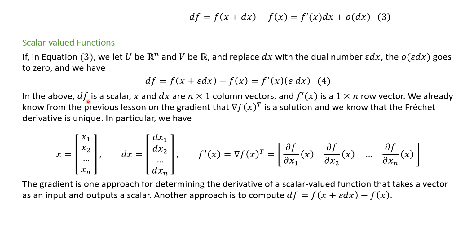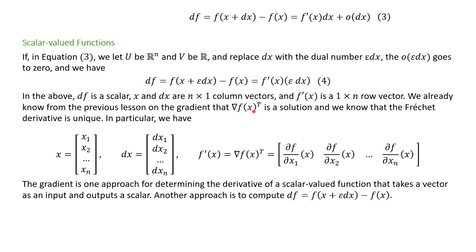In the above, df is a scalar, x and dx are n by 1 column vectors. The derivative f of x is a 1 by n row vector. And we already know from the previous lesson, several lessons back, that the gradient, this thing here, is a solution, and we know that the Fréchet derivative is unique.